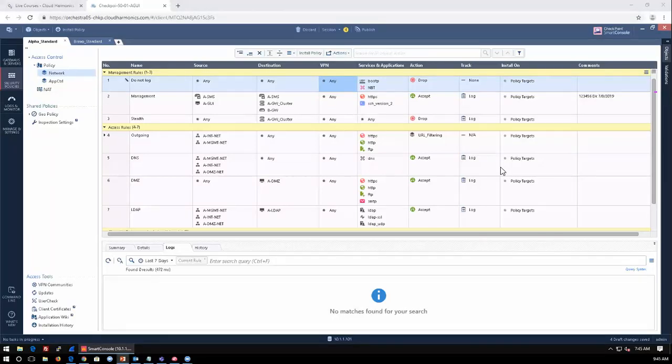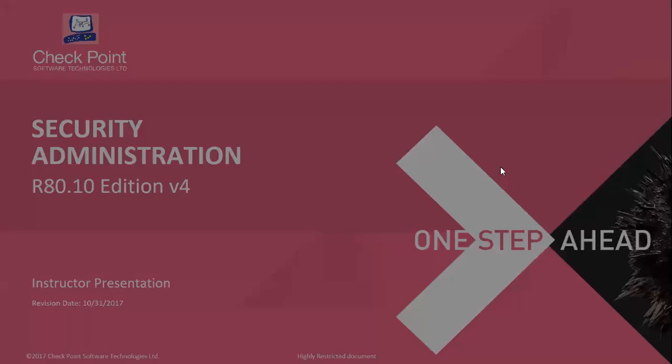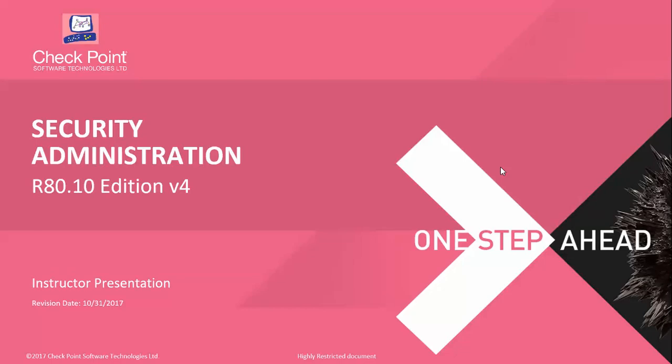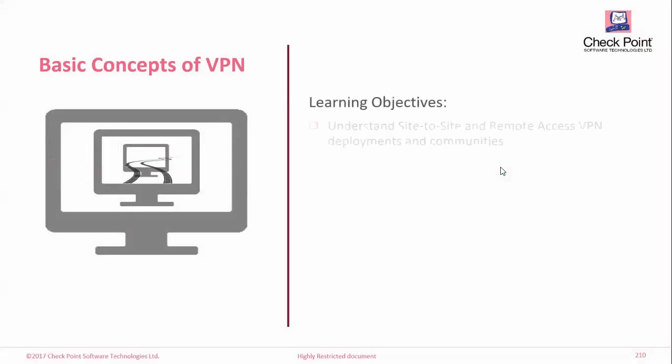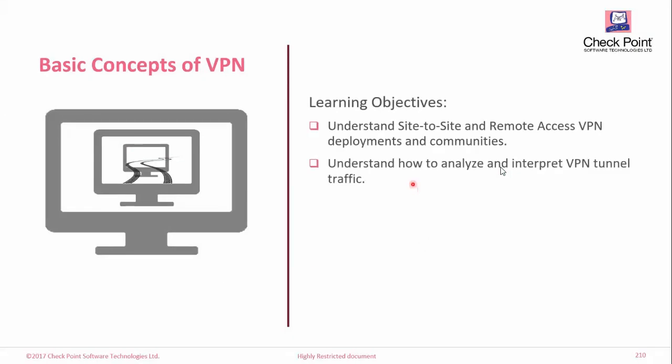So now we're going into, should be chapter 6, right? Yeah, chapter 6, basic concepts of VPN. So this says, the learning objectives: understand site-to-site and remote access VPN deployments.